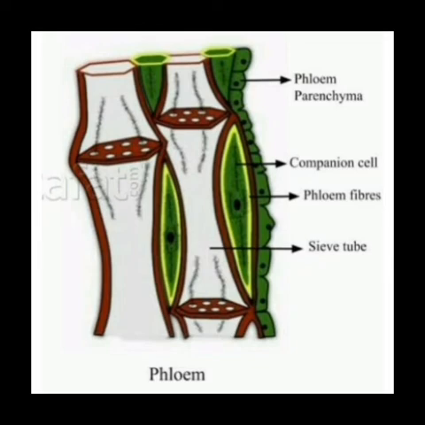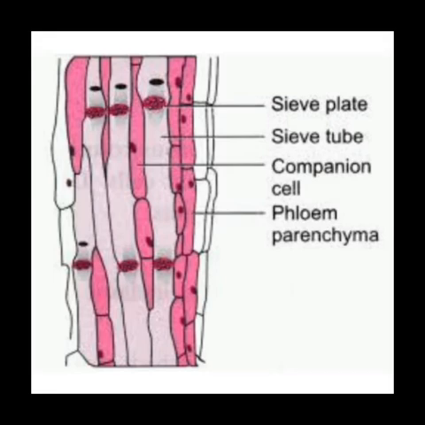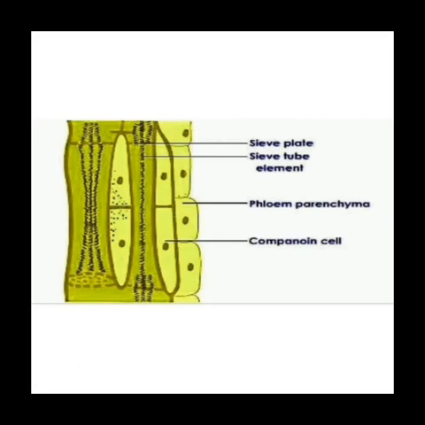They have sieved or perforated end walls. Among the elements or cells of phloem, only phloem fibers are dead. The other 3 are living cells. Unlike xylem, phloem transports food in all directions.